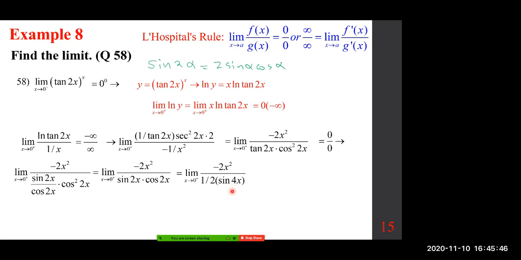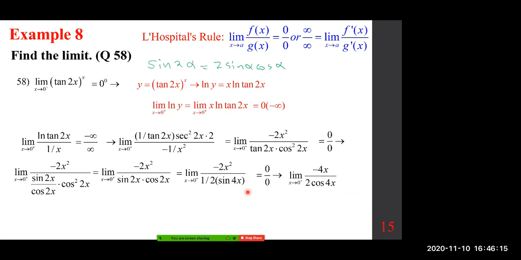And now we plug in, the top becomes 0, sine is 0, so 0 over 0 requires L'Hopital's rule again. The top gives you minus 4x. The bottom gives you 1/2 times, sine gives you cosine, and then 4x gives you 4. That 1/2 and 4 give us 2.